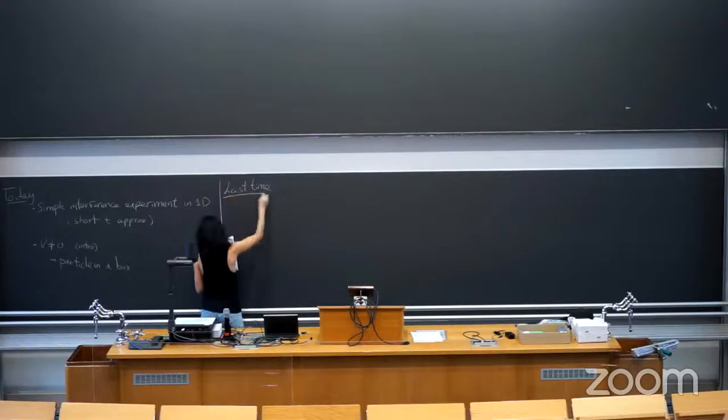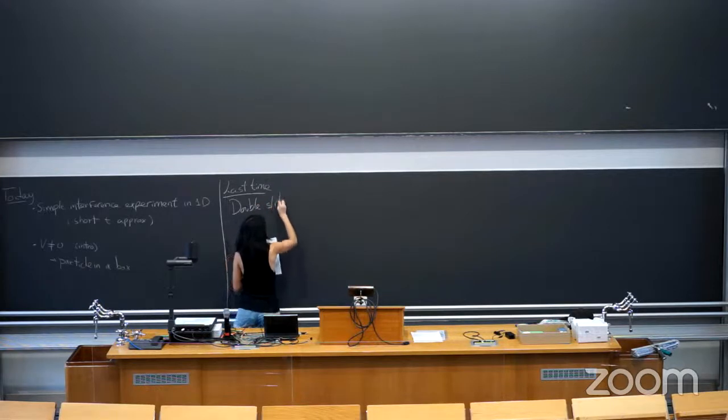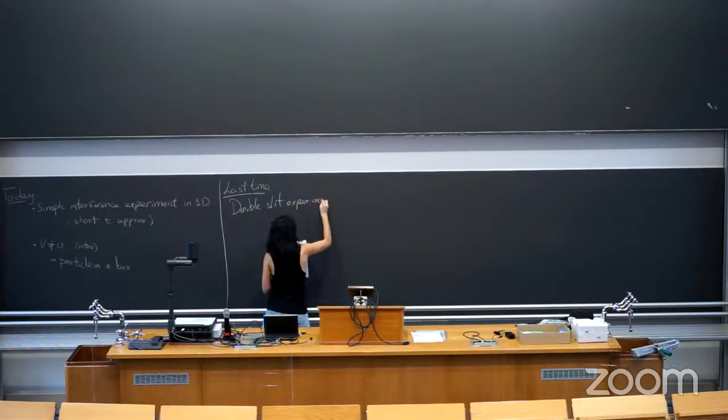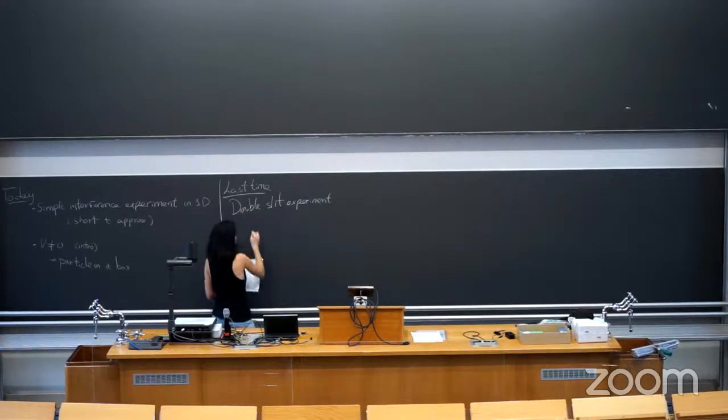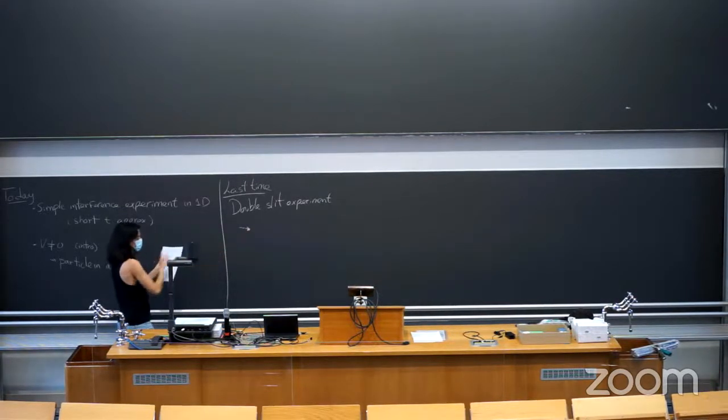We talked about the double slit experiment. And in general, what we found out was that if the wave function is a superposition of two waves and there's some phase difference between them, then this phase difference causes the interference.